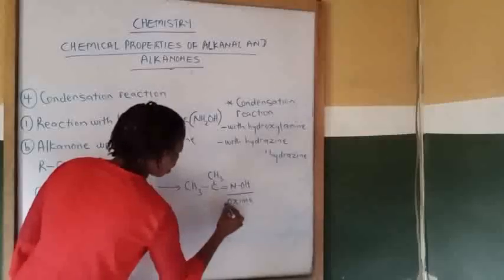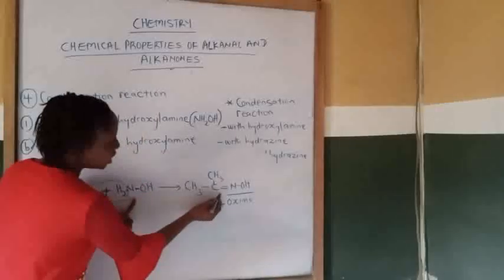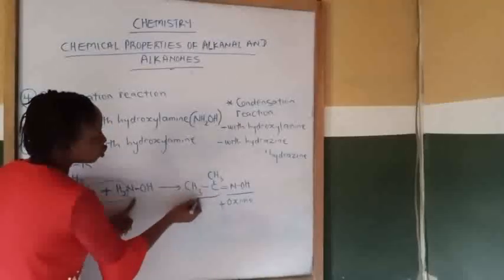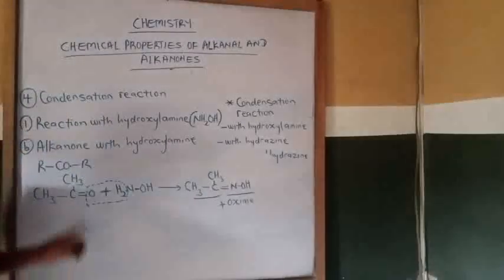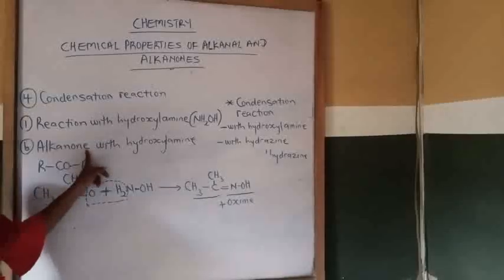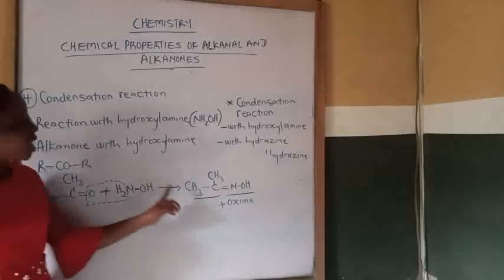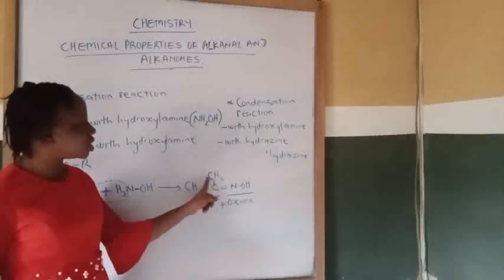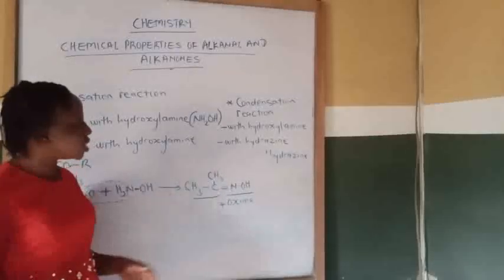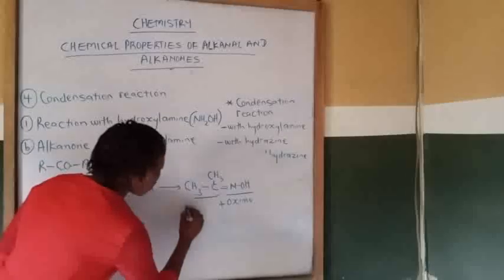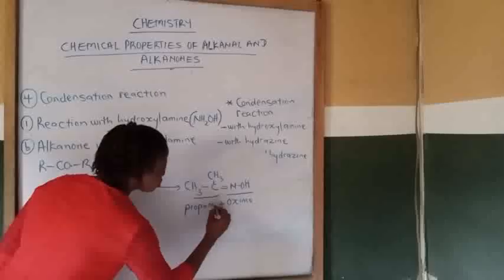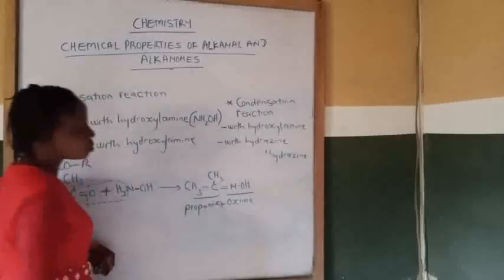Oxime. Then oxime plus, the first part of the structure is an alkanone. A member of alkanone with 3 carbon atoms, 1, 2, 3, is called propanone.